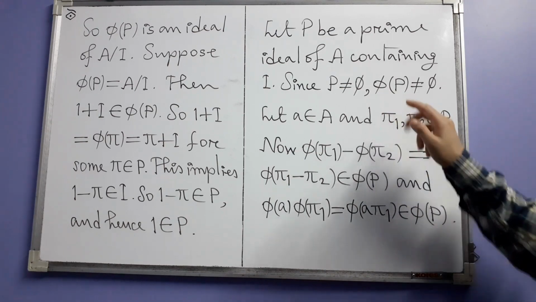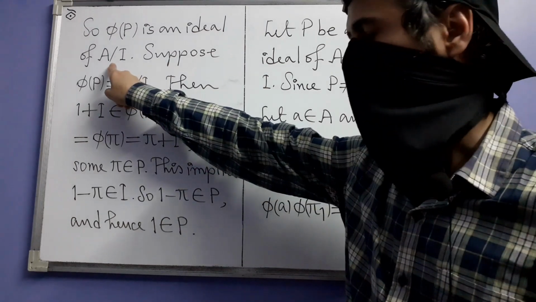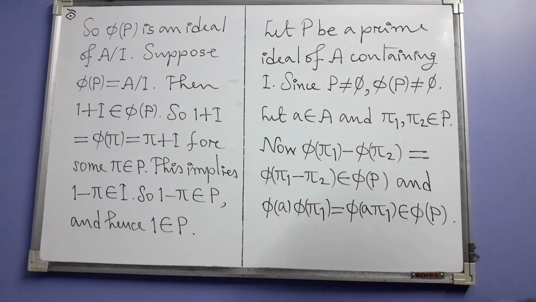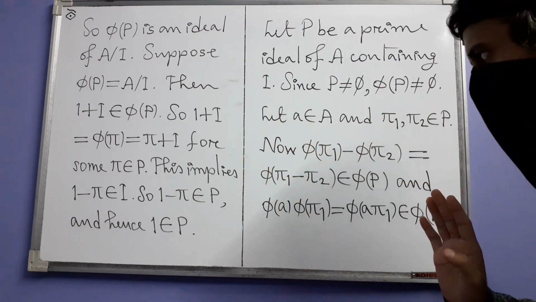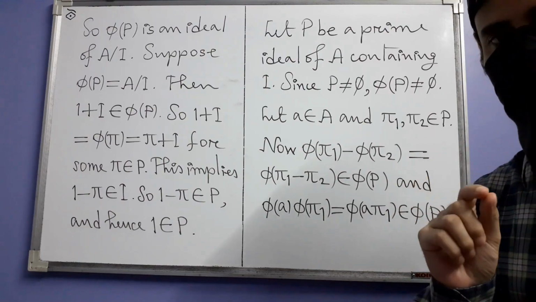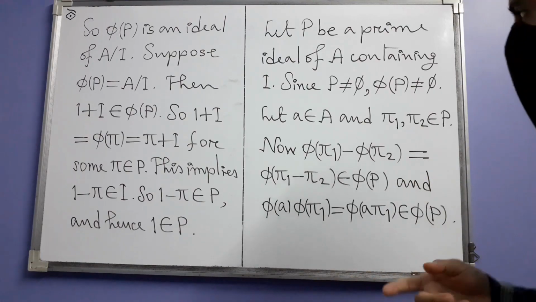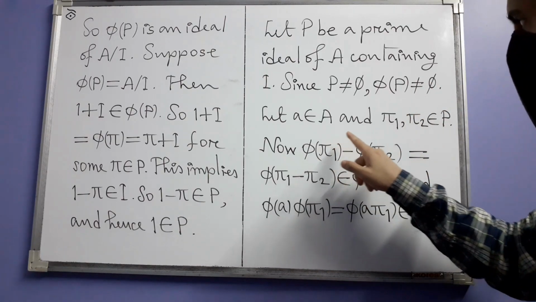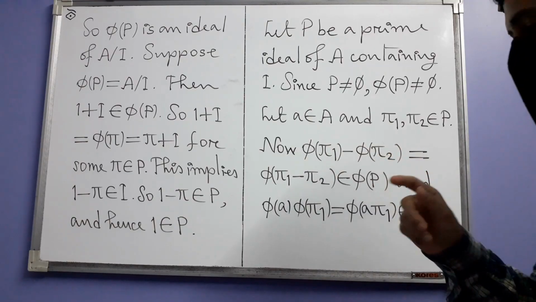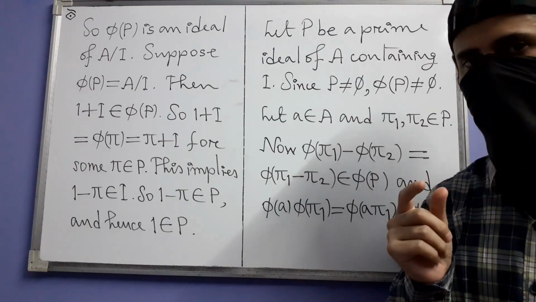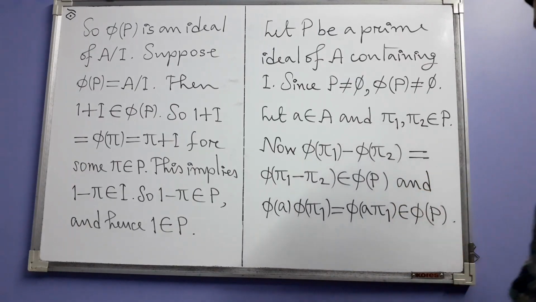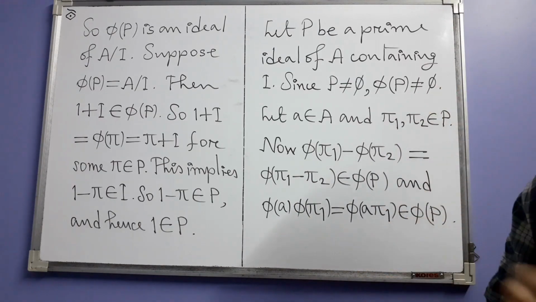So phi of P is now a non-empty subset of this quotient ring. In the first part of this argument, we want to prove that phi of P is an ideal of A/I. And accordingly, what do we need to show that phi of P is an ideal? First of all, it has to be a non-empty subset of A/I, which we have.